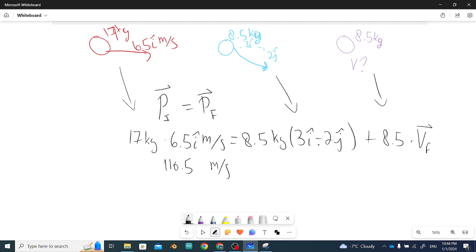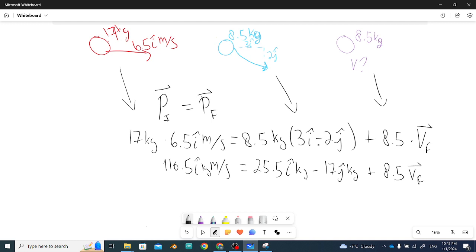Now let's distribute that. The i's and the j's can never add or subtract. So 25.5 i kilogram minus 17 j kilogram plus 8.5 Vf.